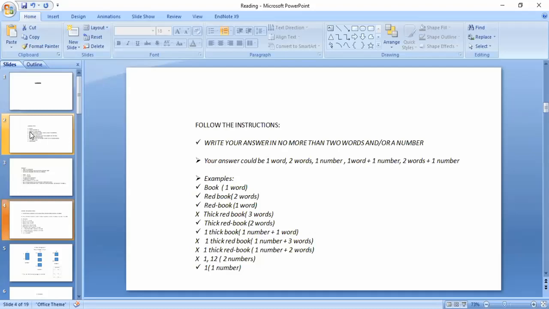So always follow the instructions. For example, if the question is saying write your answer in no more than 2 words and or a number, then your answer could be either 1 word, 2 words, one number, 1 word plus one number, or 2 words plus one number.